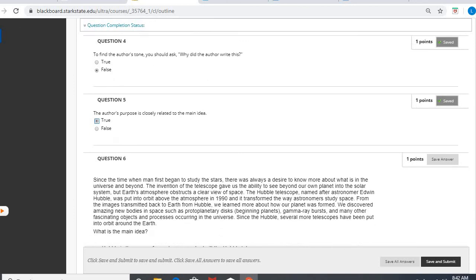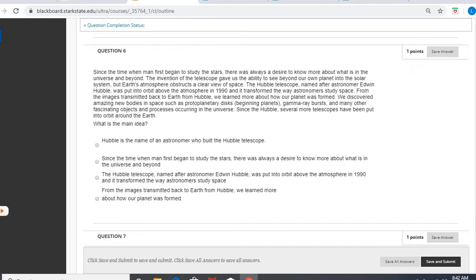All right, so now we're going to practice these concepts with this paragraph here. Since the time when man first began to study the stars, there was always a desire to know more about what is in the universe and beyond. The invention of the telescope gave us the ability to see beyond our own planet into the solar system, but Earth's atmosphere obstructs a clear view of space. The Hubble telescope, named after astronomer Edwin Hubble, was put into orbit above the atmosphere in 1990, and it transformed the way astronomers study space.